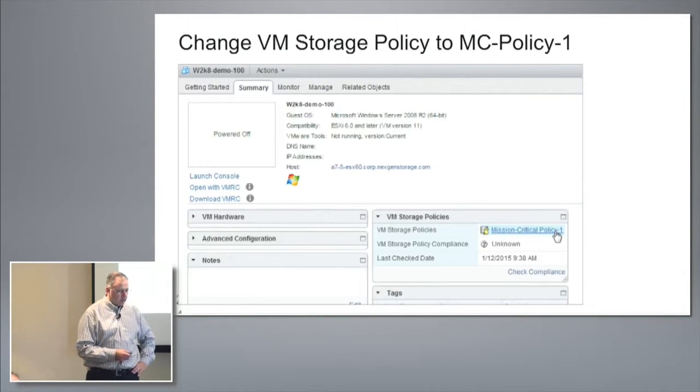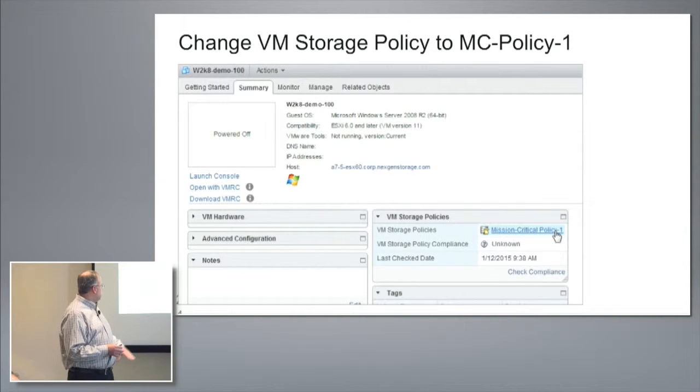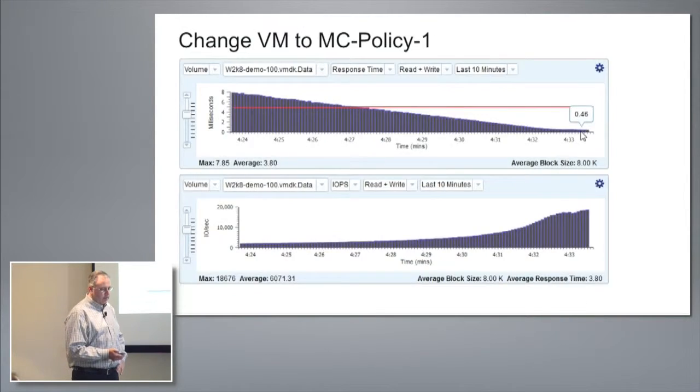Then we go into the virtual machine storage policy management, right on the VM within vCenter, and change it to a mission critical policy 1. On the SAN metrics, after we make that change, the red line represents the new latency target.